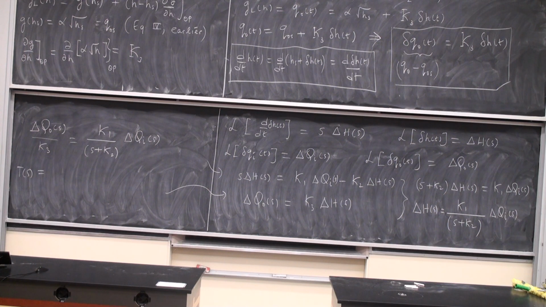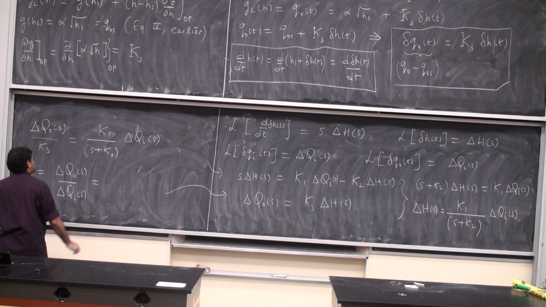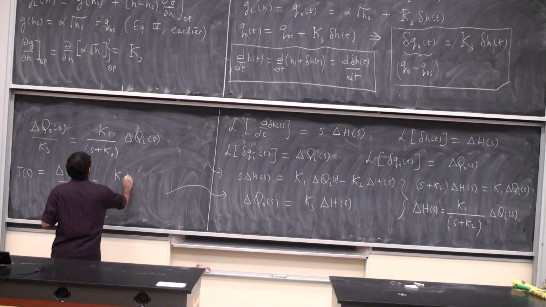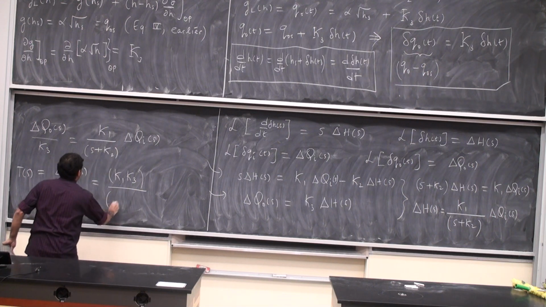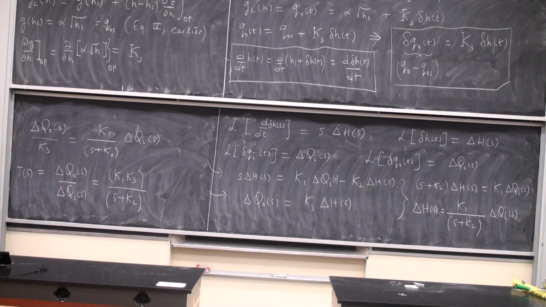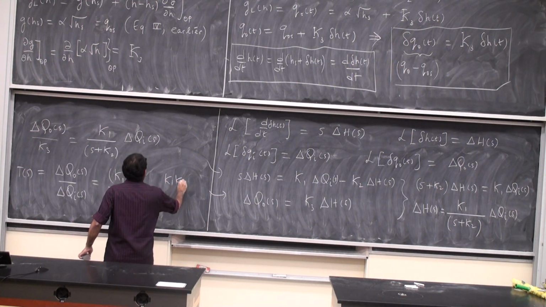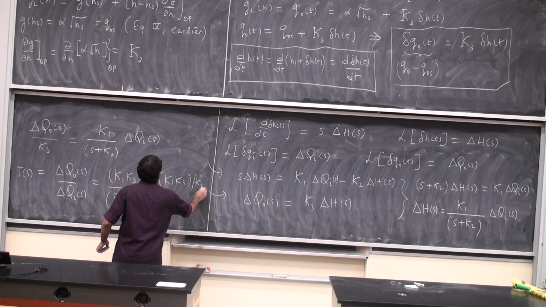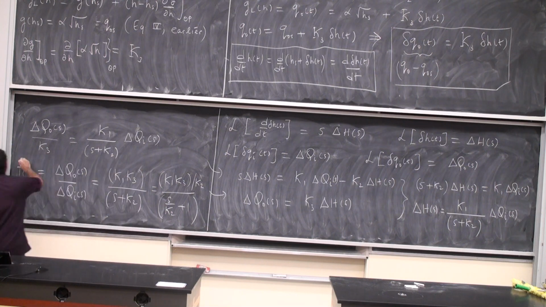What do you see? This is a first order transfer function. This is going to give you a low pass filter, okay? And this is just going to be delta Q naught over delta Qi, and so that's K1 K3 over S plus K2, or if you have to draw the bode plot, take the K2 out.